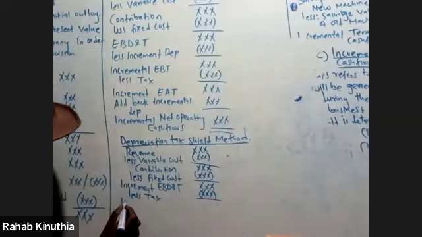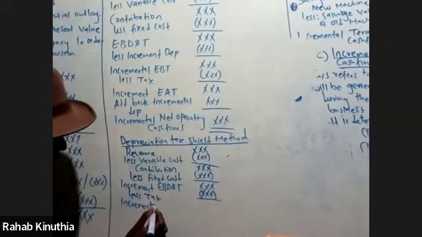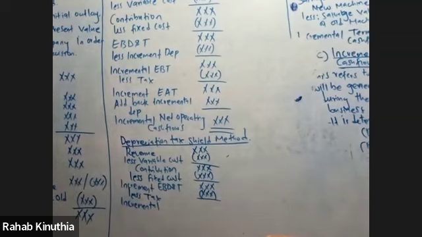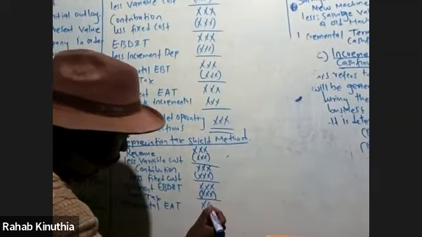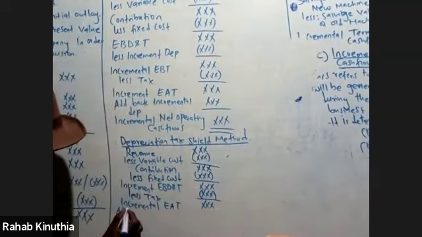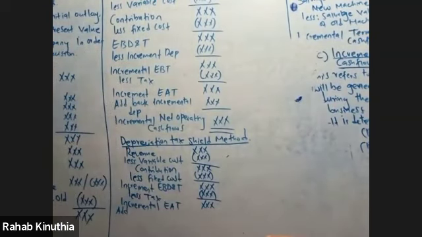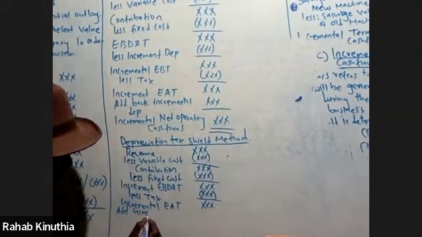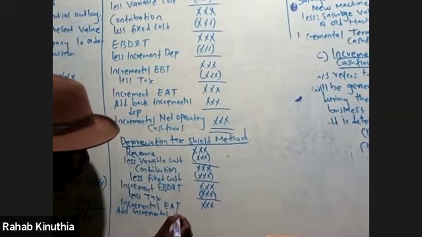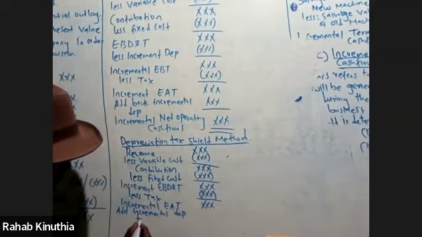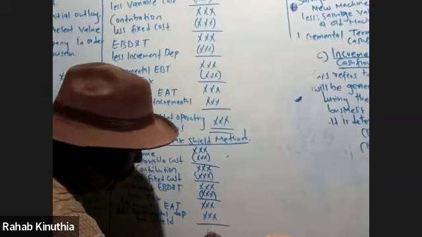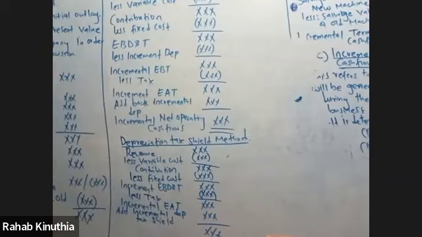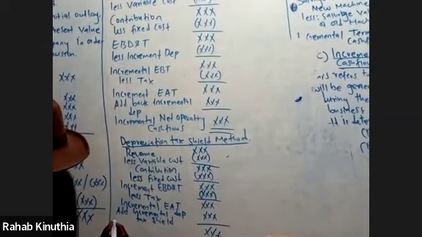Once we less tax, we shall get incremental earning after tax. Then we add the incremental depreciation tax shield. Then our final answer will be incremental net operating cash flow.